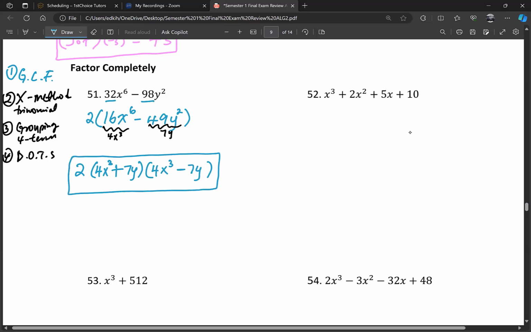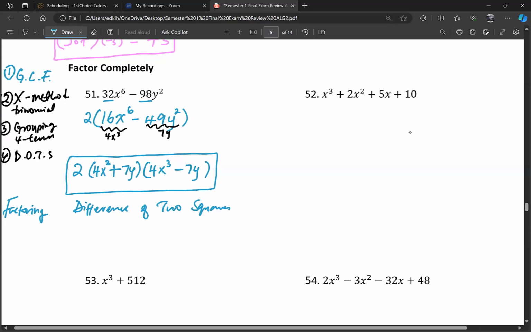You may have to pause this and watch it several times. Again, if you find that you need more practice or more review, go to YouTube and type in difference of two squares or factoring difference of two squares. Then watch a couple videos there to be really proficient.